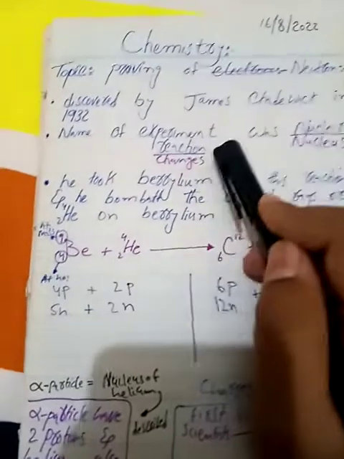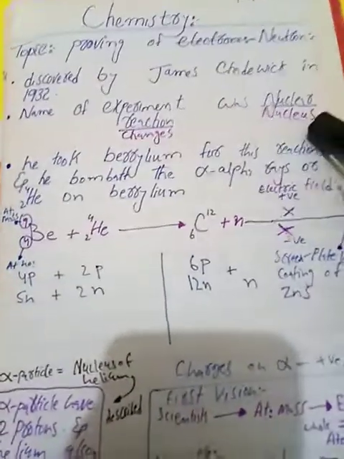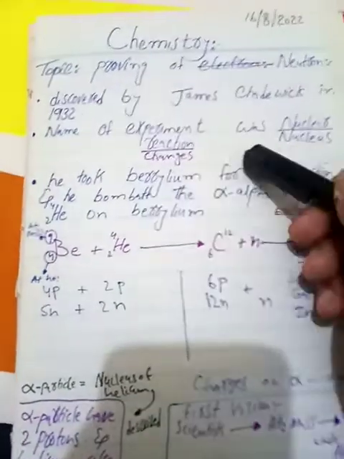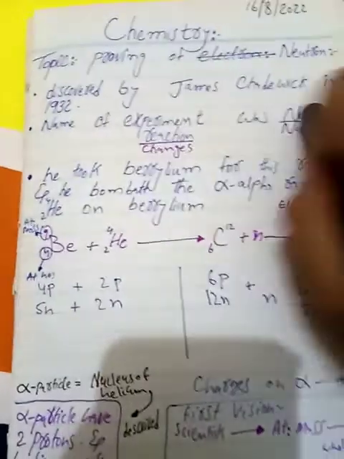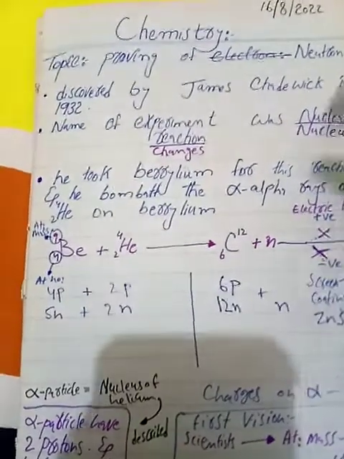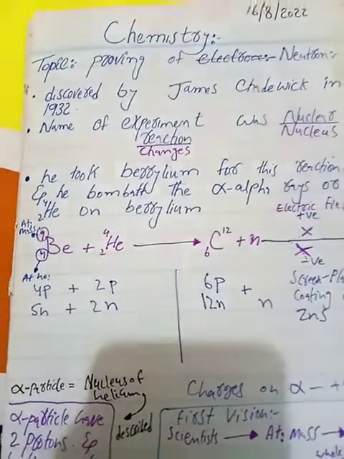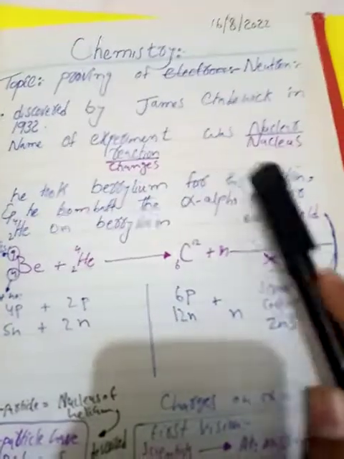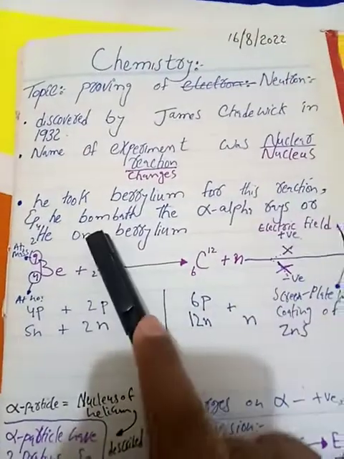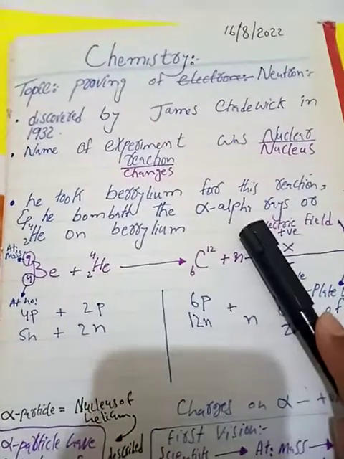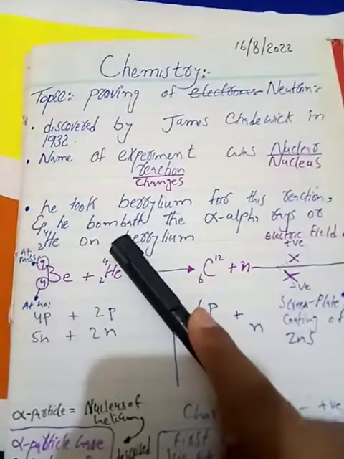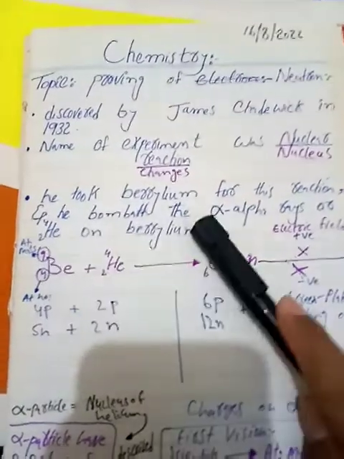The name of the experiment was nuclear reaction. Nuclear means nucleus and reaction means changes, so any changes with the nucleus are called a nuclear reaction. For this experiment, he took beryllium and bombarded alpha rays, or you may say helium, on beryllium.